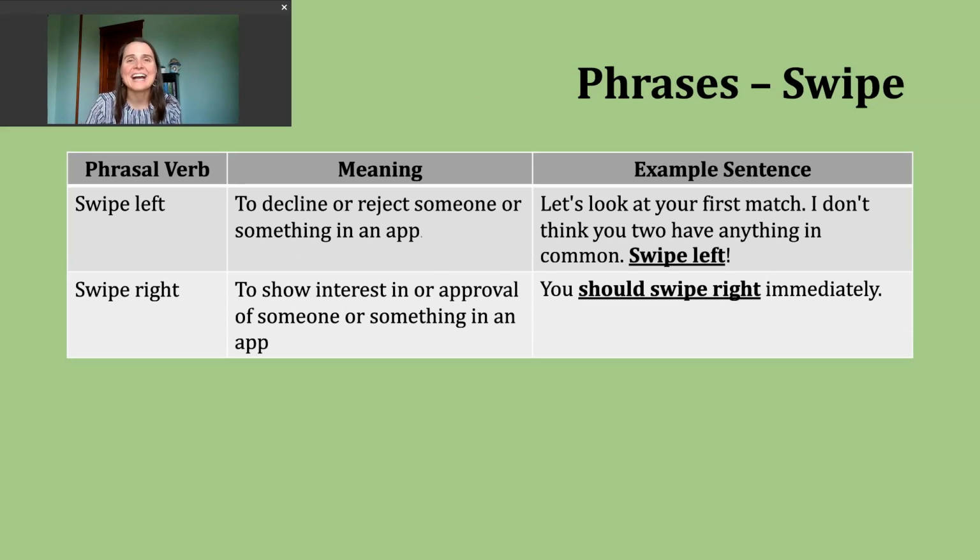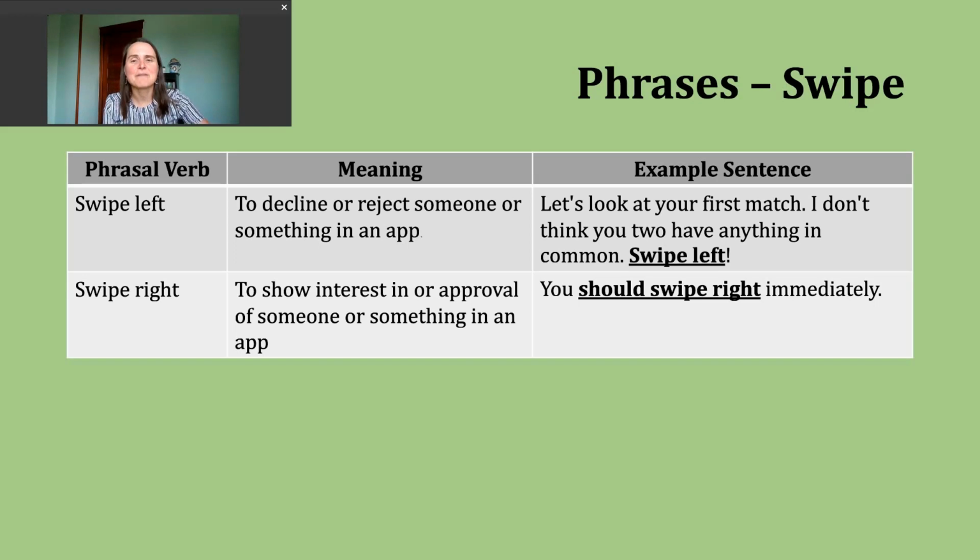Generally, these terms came from a popular dating app many years ago, and the function or the use of it has now been more broadly applied to a wide range of different apps. So if you swipe left, you are declining or rejecting someone or something in an app.